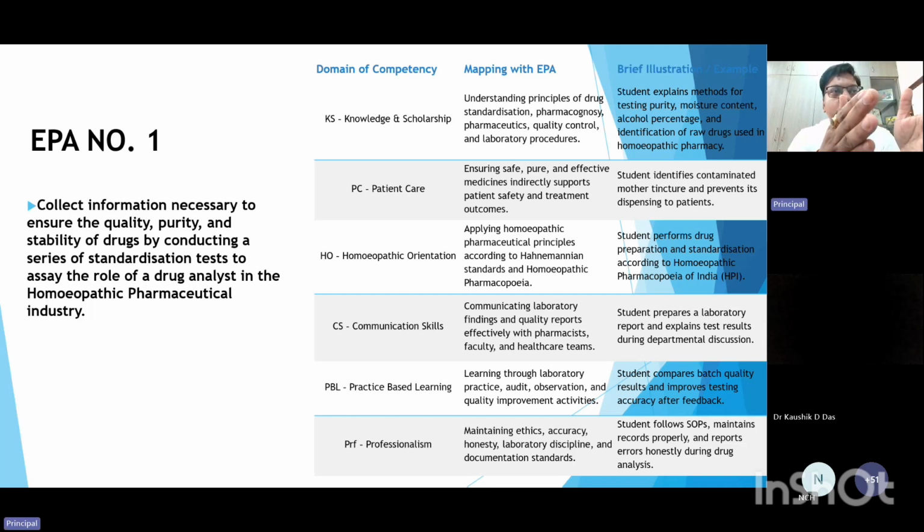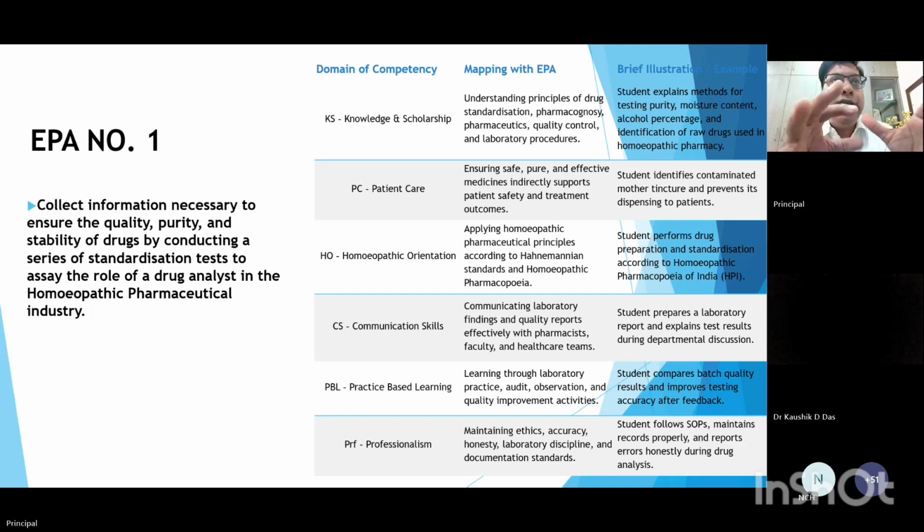He should be able to understand the principles of drug standardization, pharmacognosy, pharmaceutics, quality control, and laboratory procedures. And this comes under which competency? Knowledge and scholarship. So he should be able to obtain the knowledge of standardization, pharmacognosy, and all these topics.